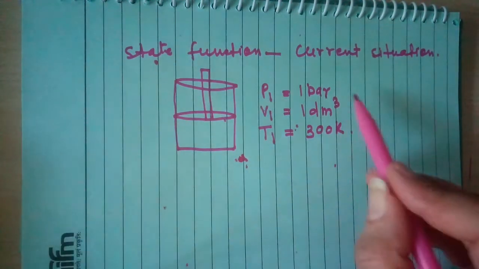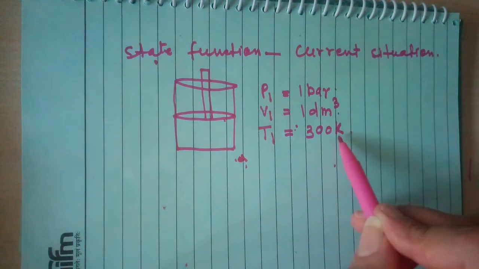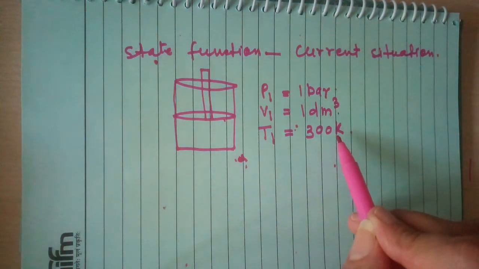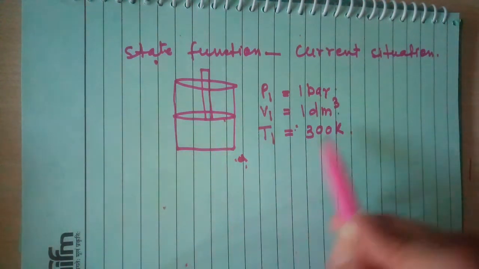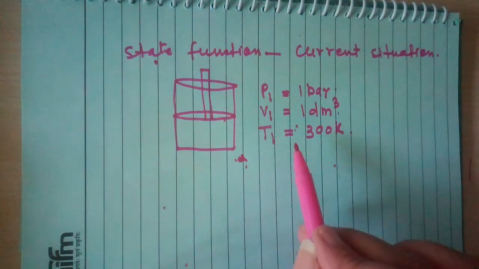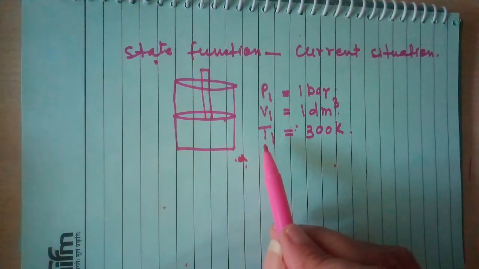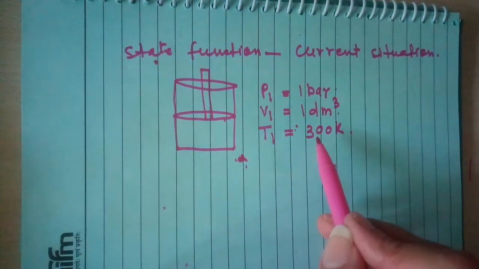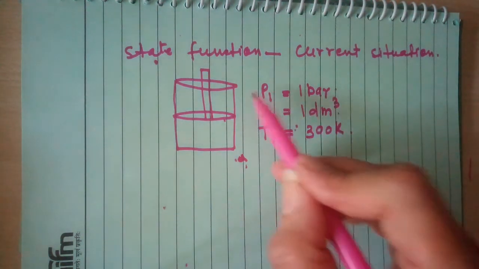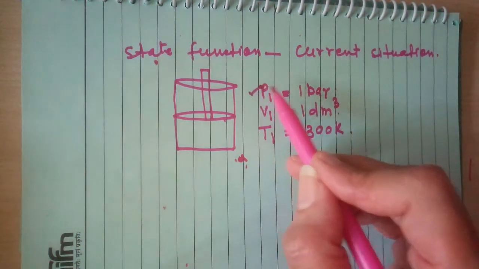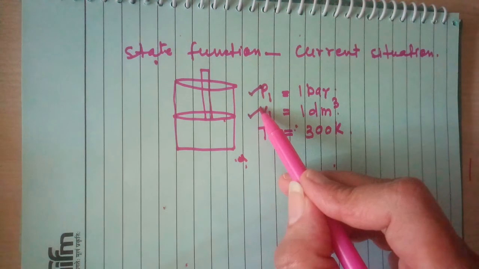So these values, that is 1 bar, 1 dm cube and 300 Kelvin, are the values which specify the initial state of this system. This initial state of the system can be changed to the final state by changing the pressure, and accordingly the volume will also change.